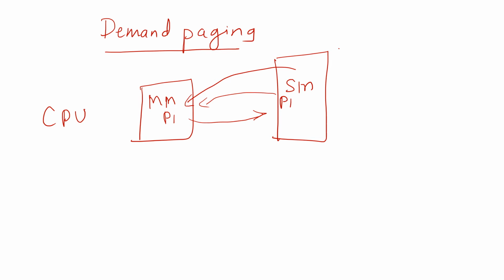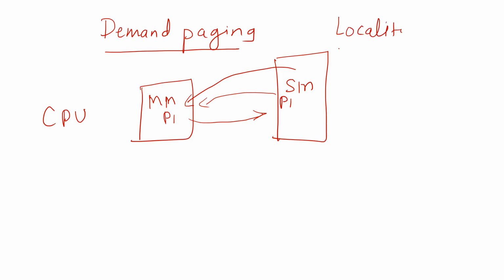Now, how it is done: only the required pages are brought into the main memory from the secondary memory, and it depends upon which locations are to be brought. That is called locality of reference.